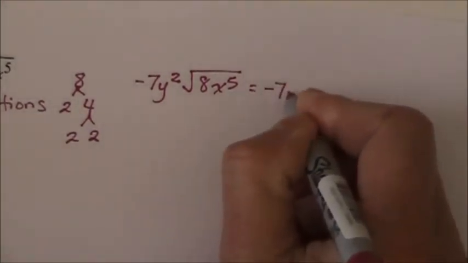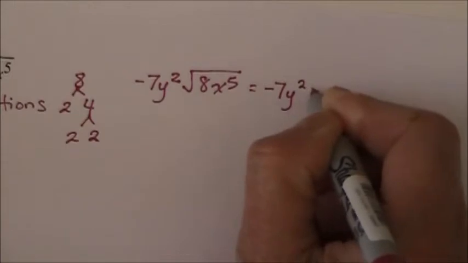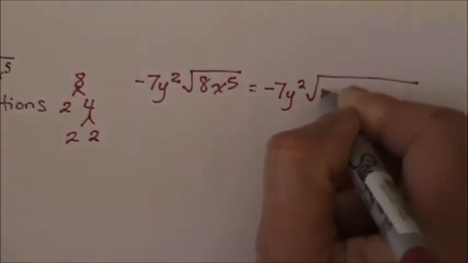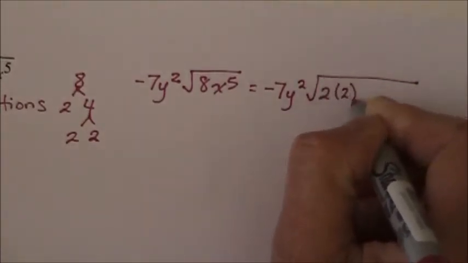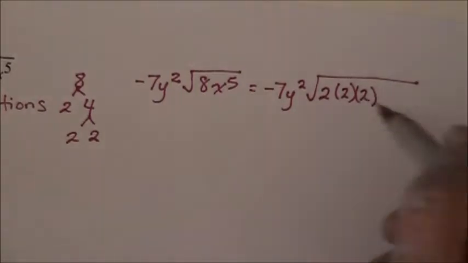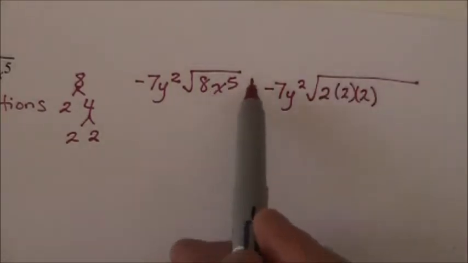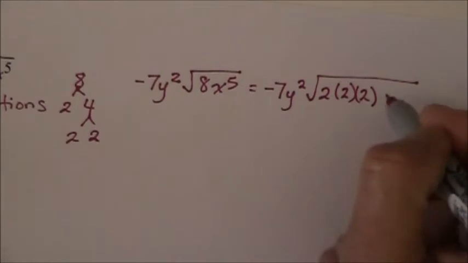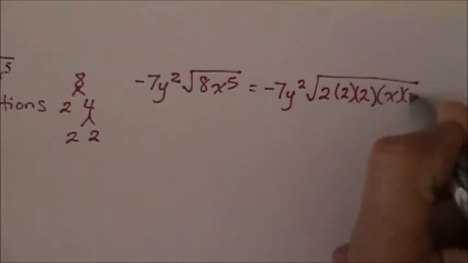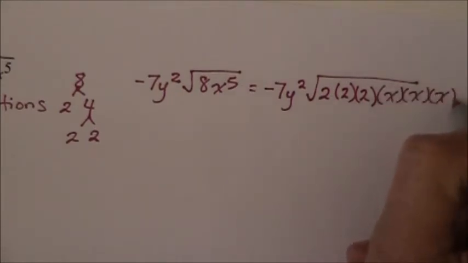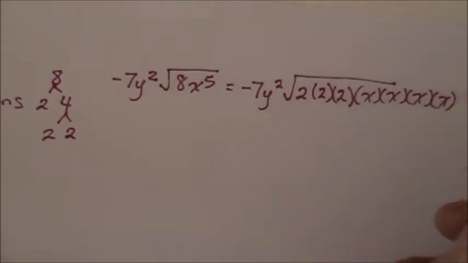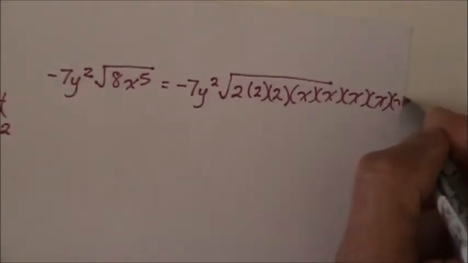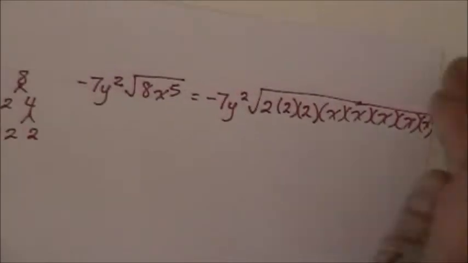So we still have the negative 7y squared on the outside. We're going to have 3 2's underneath the radical sign, and this exponent 5 tells us that we have 5 x's. So we're going to want to put down our 5 x's. So there's our 5 x's.